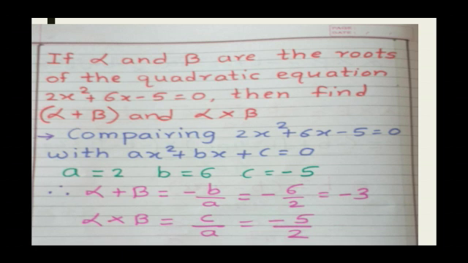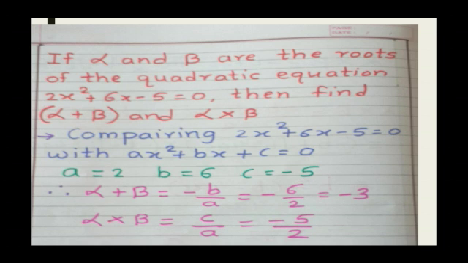If alpha and beta are the roots of the quadratic equation 2x square plus 6x minus 5 is equal to 0, then find alpha plus beta and alpha into beta. Here you have to find the sum of the roots of the quadratic equation and product. Comparing the equation 2x square plus 6x minus 5 is equal to 0, we get a is equal to 2, b is equal to 6, c is equal to minus 5.